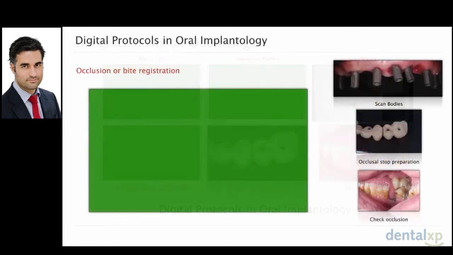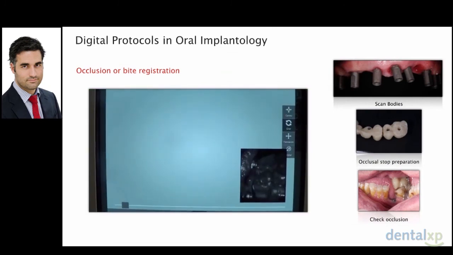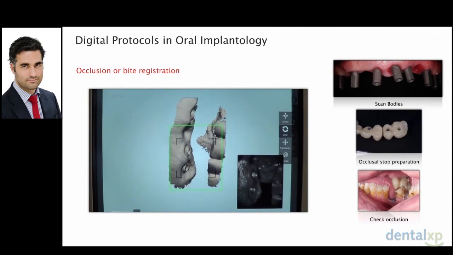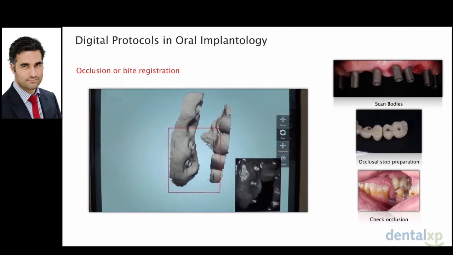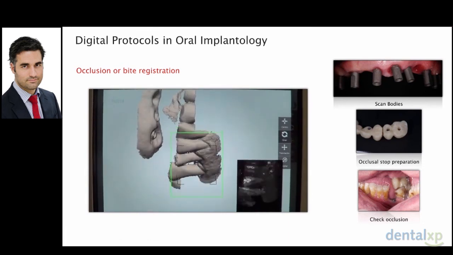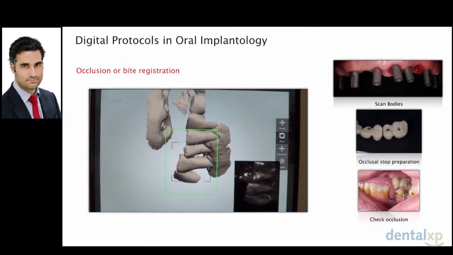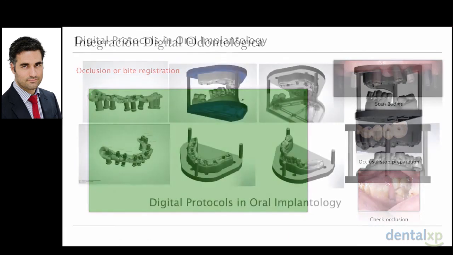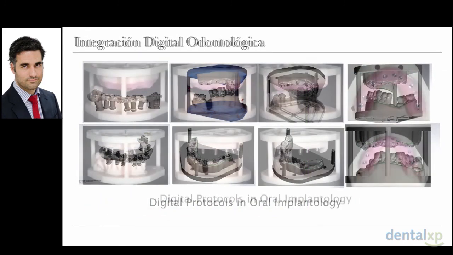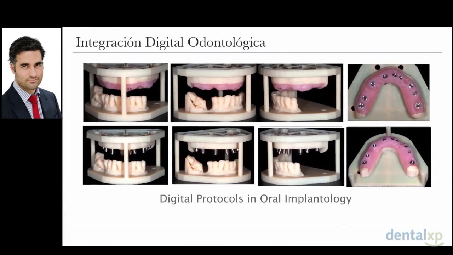This is the protocol that I created to do this registration. As you can see, you place the provisional in the posterior teeth, and you do the impressions. After that, the lab builds the model with the model builder.